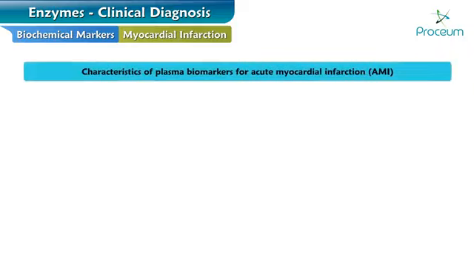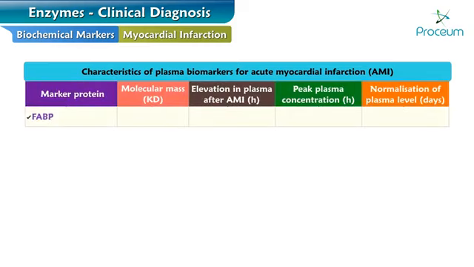Here are some characteristics of plasma biomarkers for acute myocardial infarction. For FABP, the molecular mass is 14.5. The elevation in plasma after AMI is 1 to 2 hours. The peak in plasma concentration occurs at 6 to 12 hours, and normalization of plasma level occurs in 1 to 1.5 days.